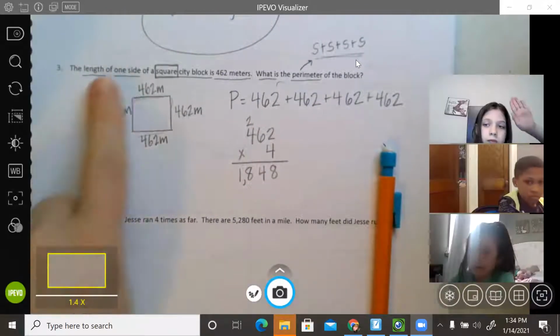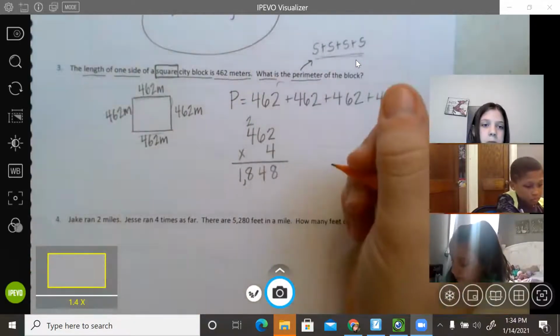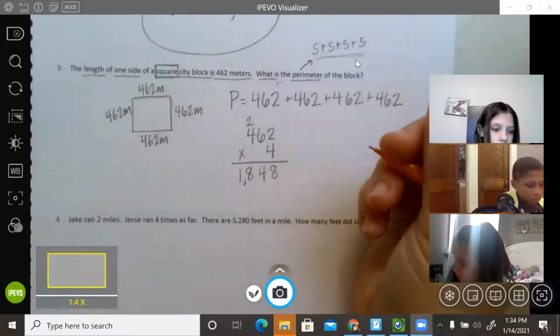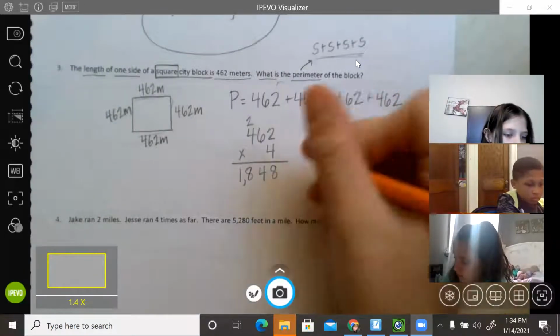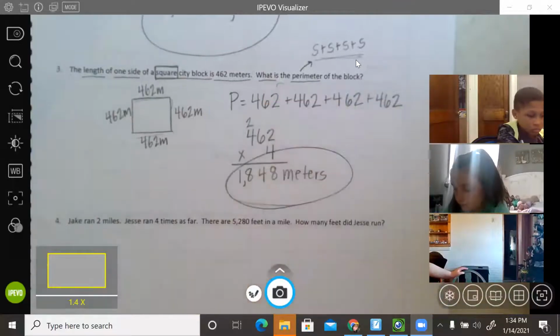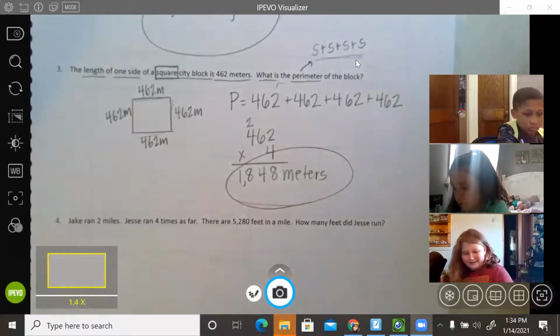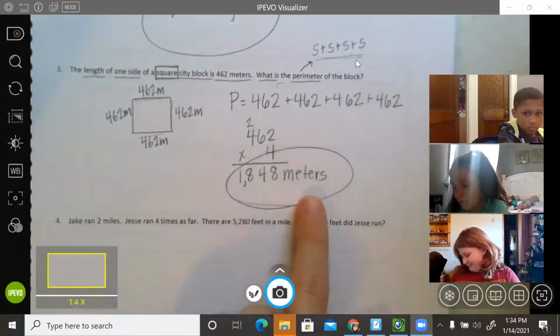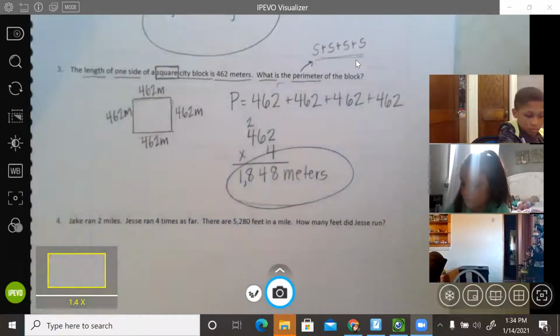So go back and read. Gracie? Meters. Very good, because we were measuring in meters. So the perimeter of the block is 1,848 meters. You wouldn't put 1,848 perimeter. That doesn't make sense. You want to say meters. So that's why you have to go back and reread and see what the question is about.